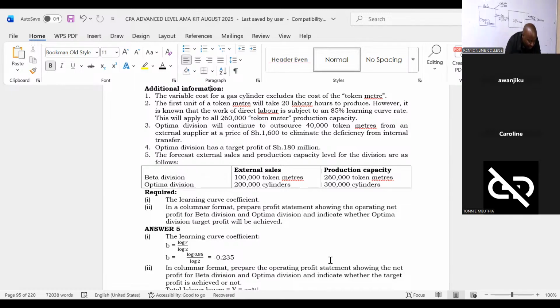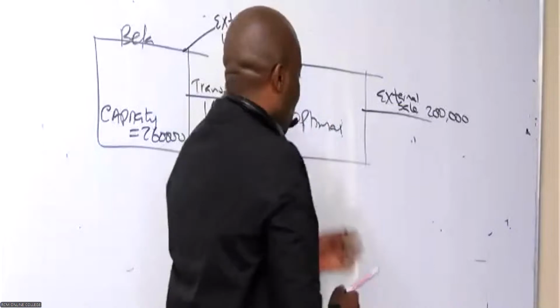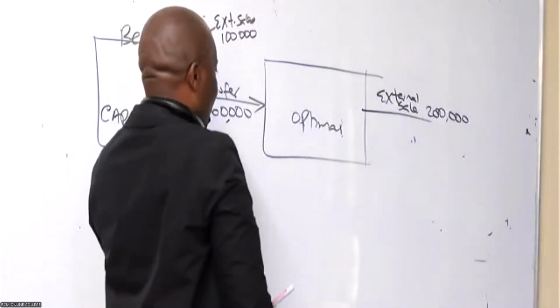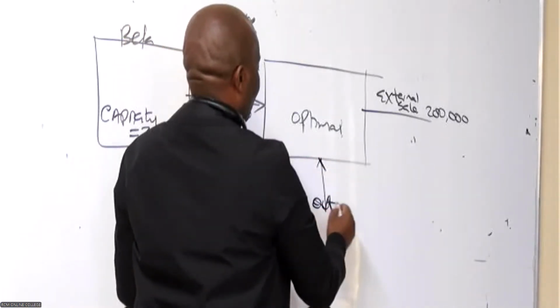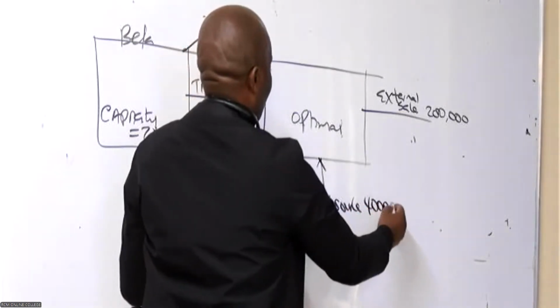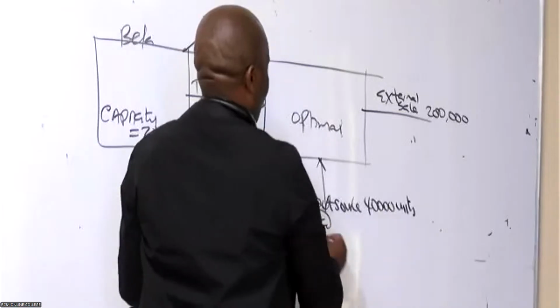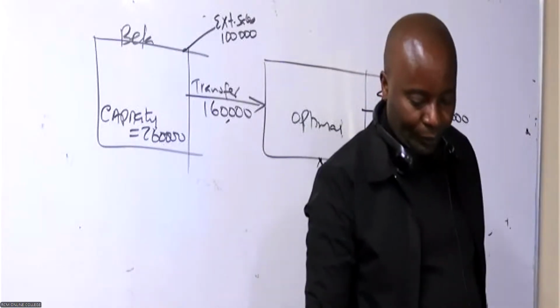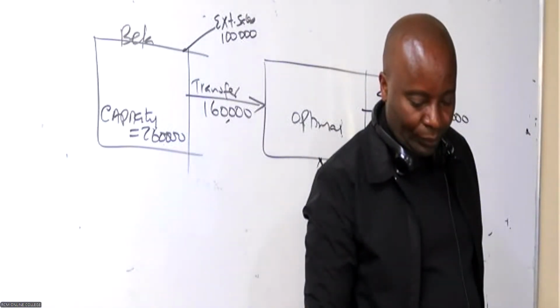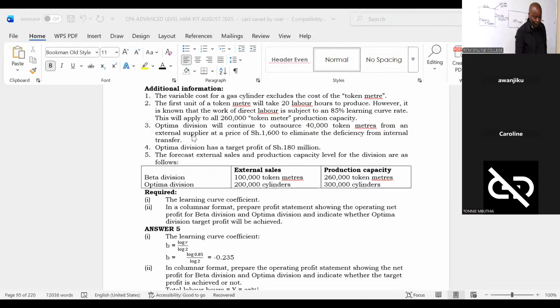It's because I can see here that they are going to get 160,000 internally, so it means they have to outsource 40,000 at 1,600, to eliminate the deficiency from external transfer. The others are neither here nor there.